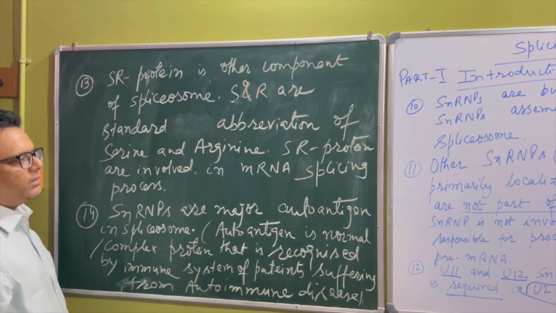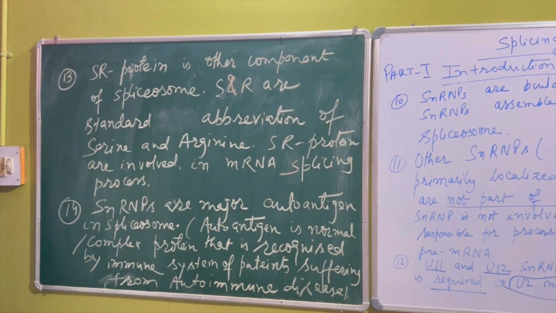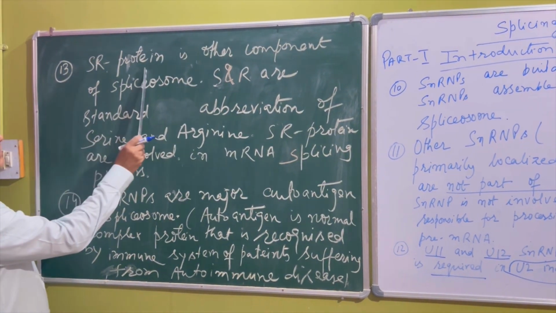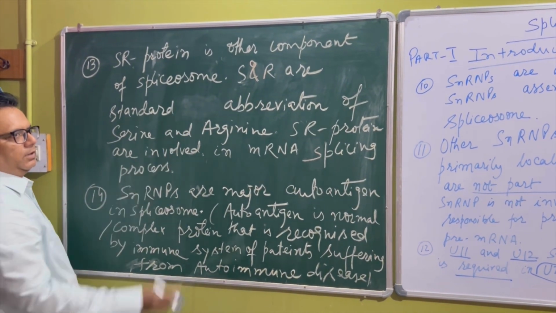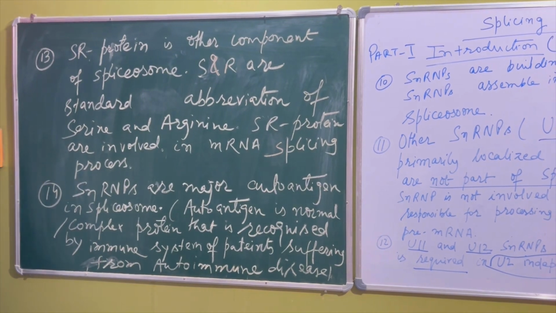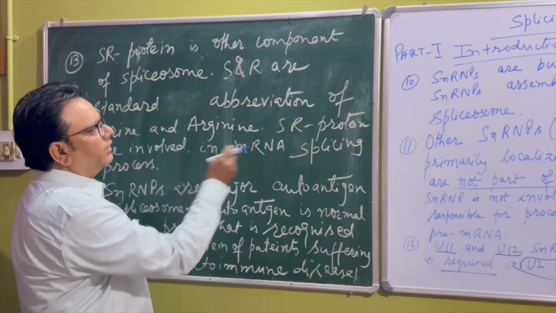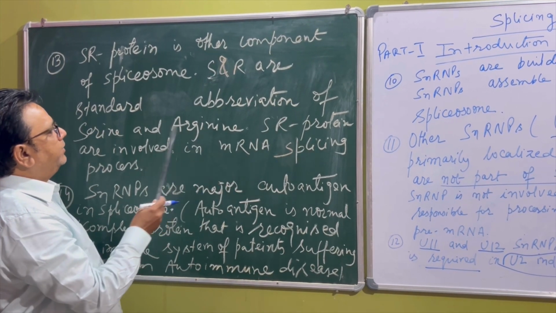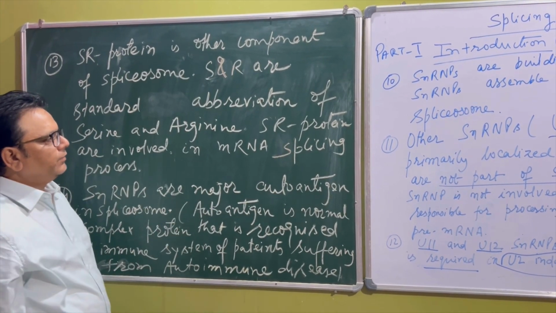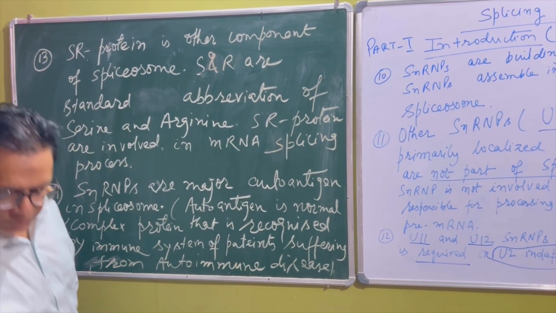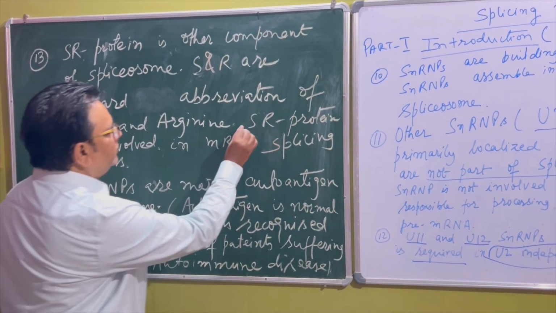Now next, point number 13. Apart from SNRNPs, another major component of the spliceosome is the SR protein. As you know, S and R are the standard abbreviations of the amino acids serine and arginine, so SR proteins are serine and arginine rich.